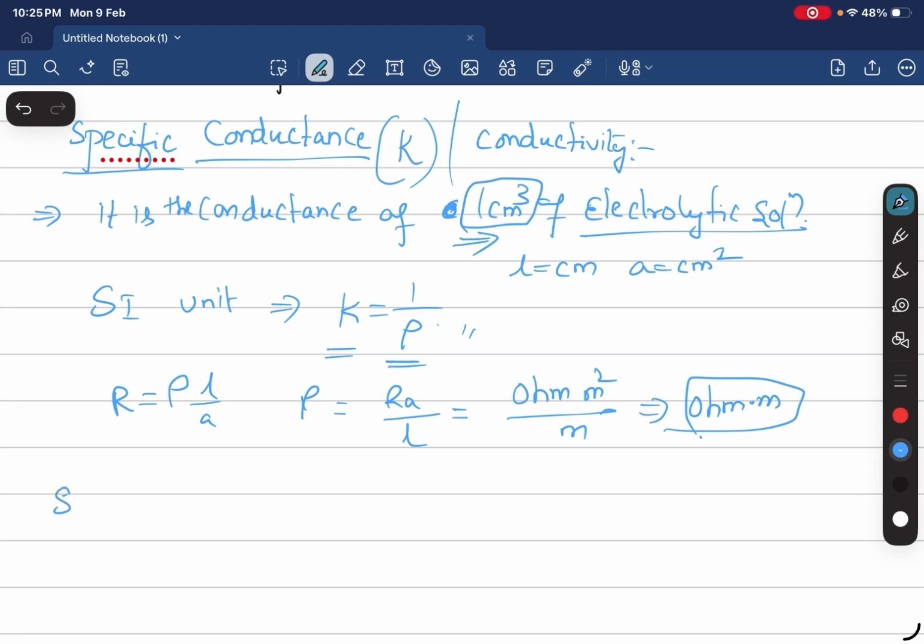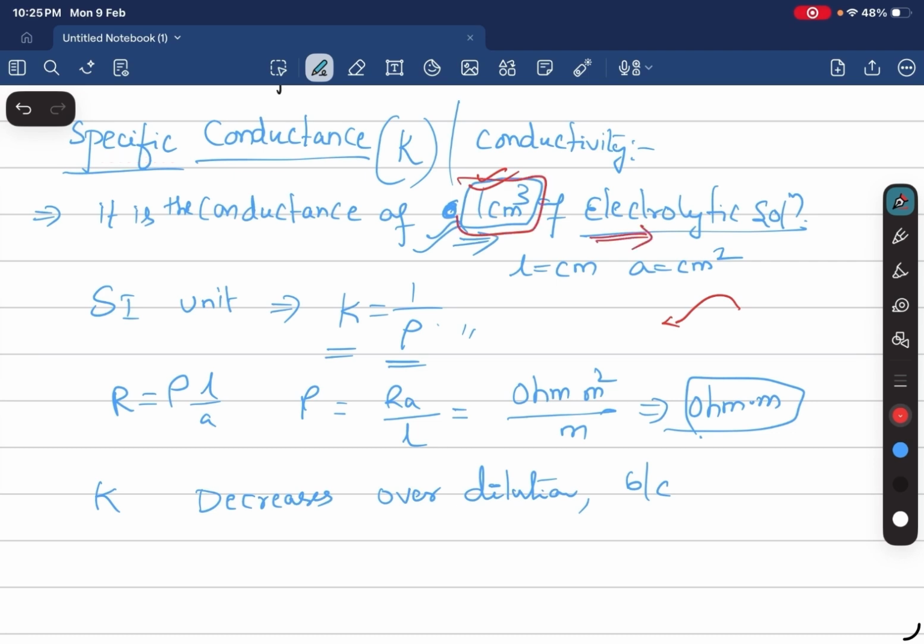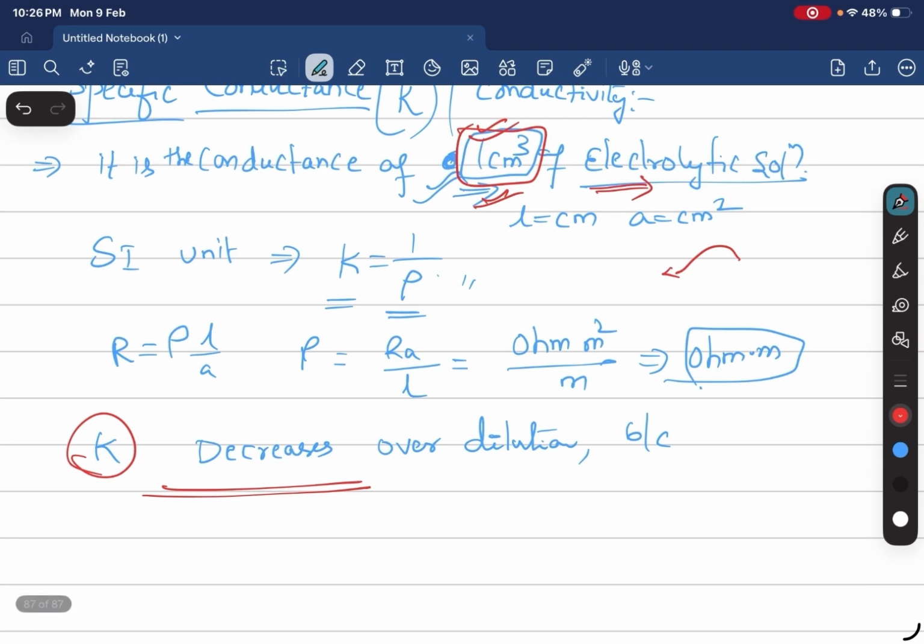So this specific conductance or kappa decreases over dilution, because over dilution the number of ions per this much volume of the electrolyte decreases. So when we start adding water, the ions of the electrolyte move out of this volume, so indirectly the number of ions at a particular volume decreases. That's why over dilution the kappa value decreases.